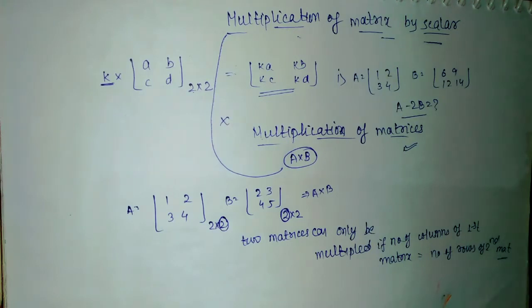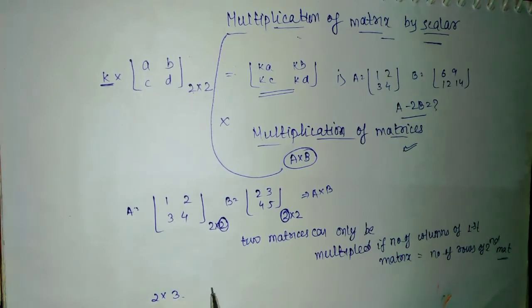Are you getting my point or not? Suppose there is a matrix with number of rows 2 and number of columns 3, and let there be another matrix with number of rows 3 and number of columns 1, then the resulting matrix will be 2 into 1.